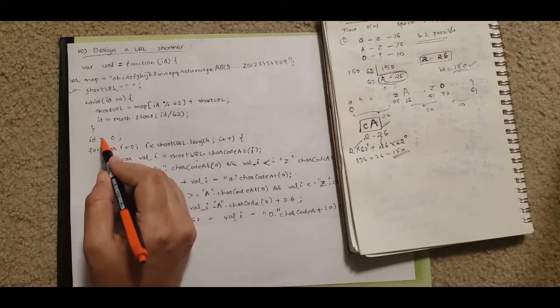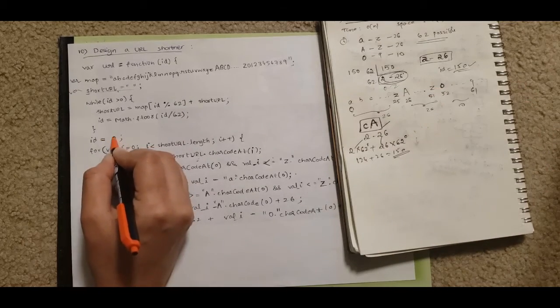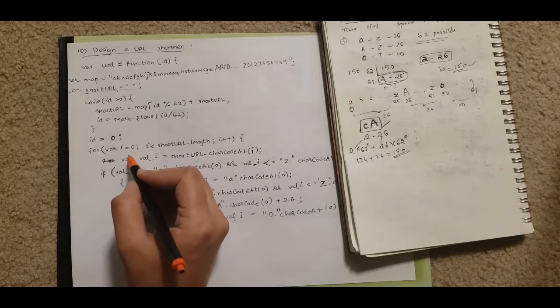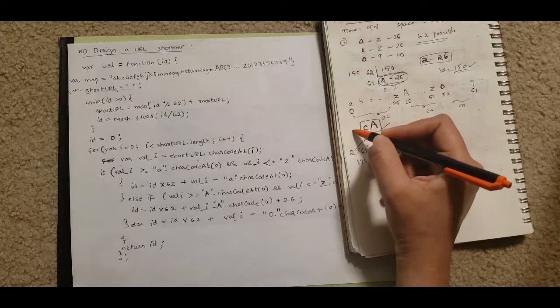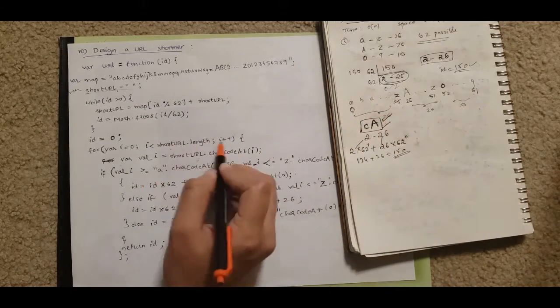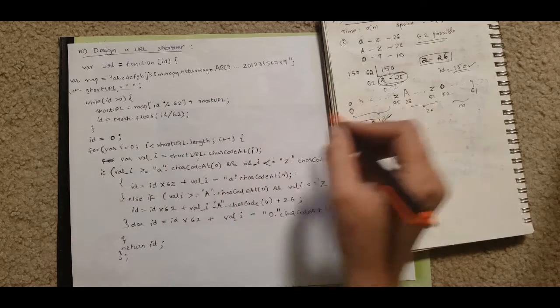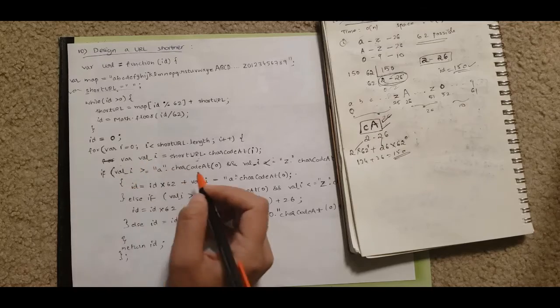Next, to get the ID back, first I reset the ID value to 0, then I loop through the shortened URL and take each character and store its ASCII value in this variable.